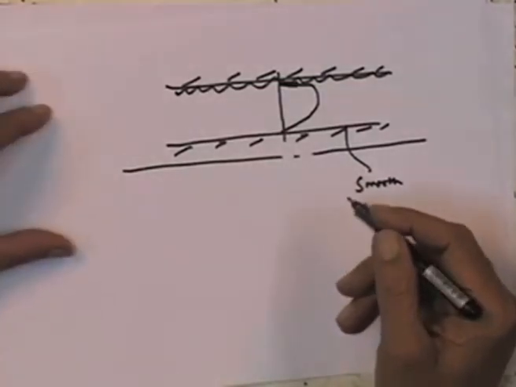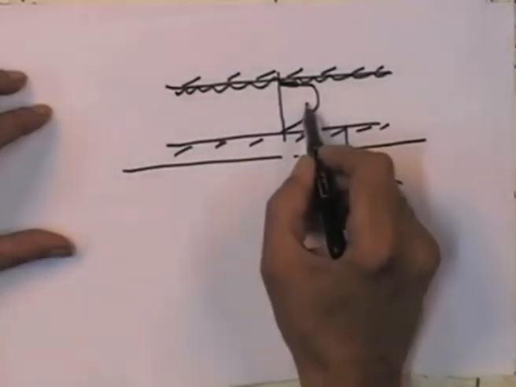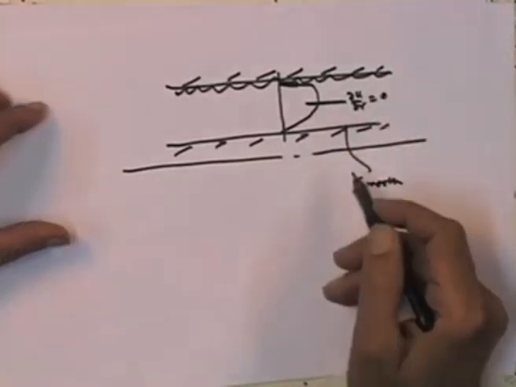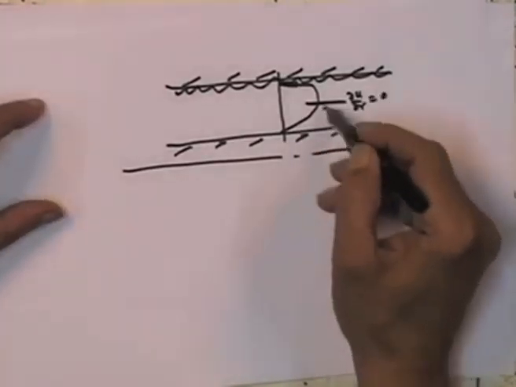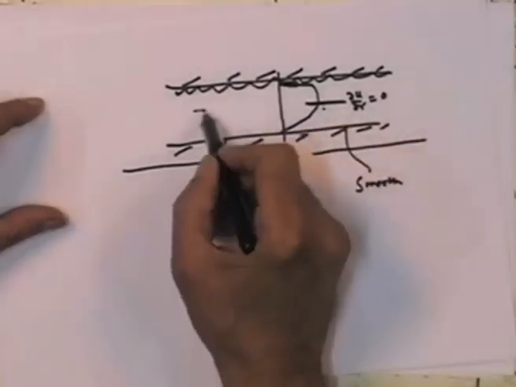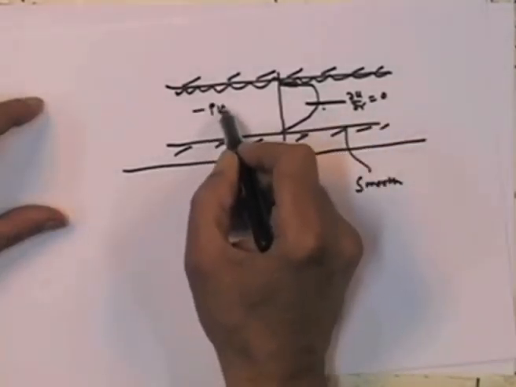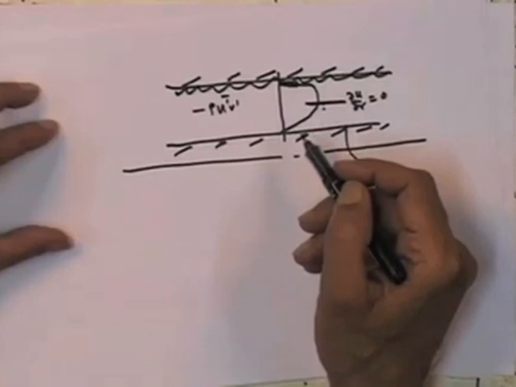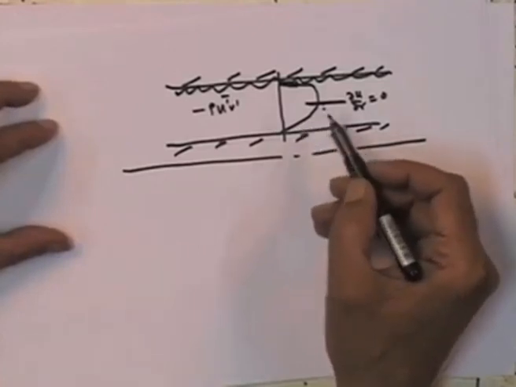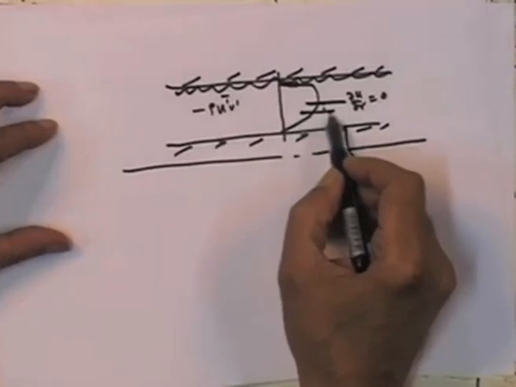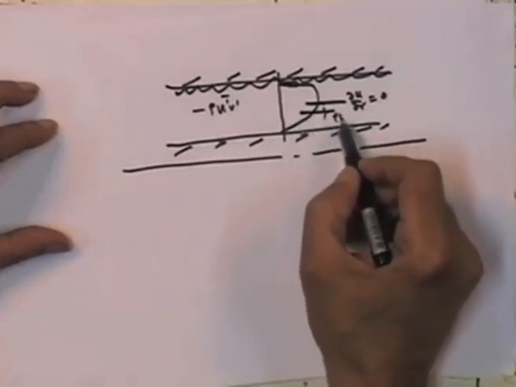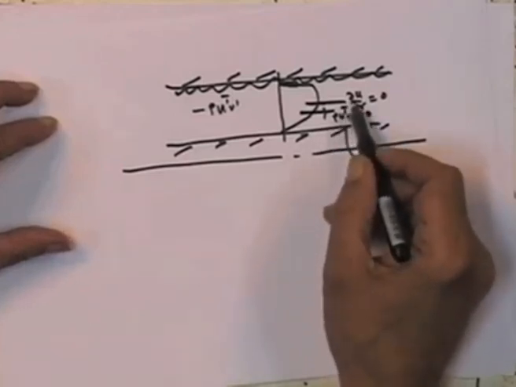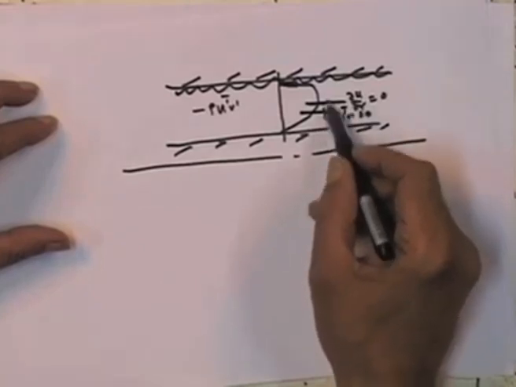So, the plane of zero shear, which is here, let us say this is where du by dr will be equal to 0, tends to be closer to the smooth wall. If I were to measure now in this case rho u prime v prime, then I would find that the plane of zero shear, where rho u prime v prime will be 0, tends to be closer to the smooth wall than the plane of zero velocity gradient.